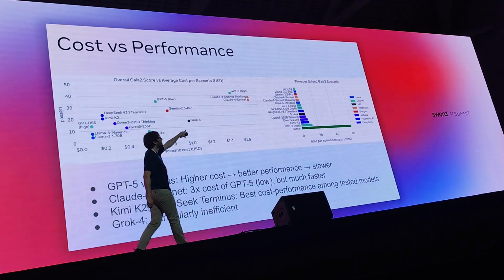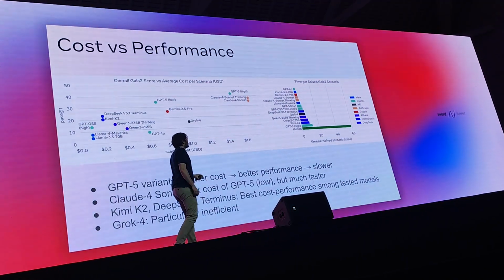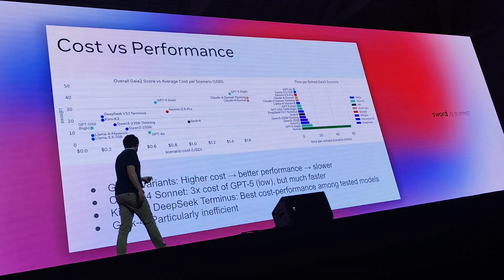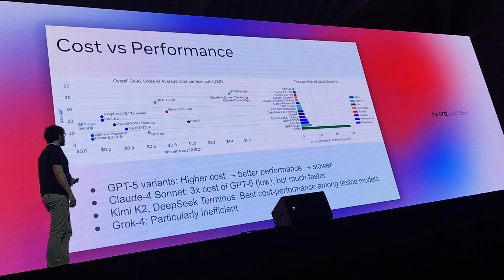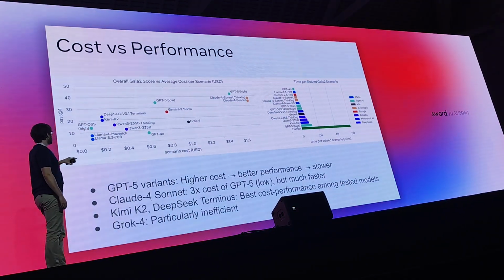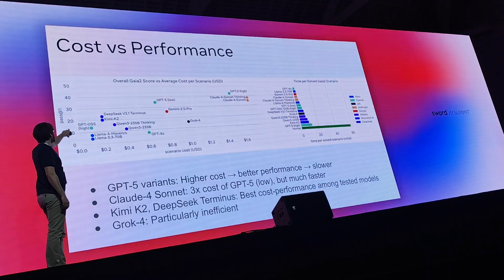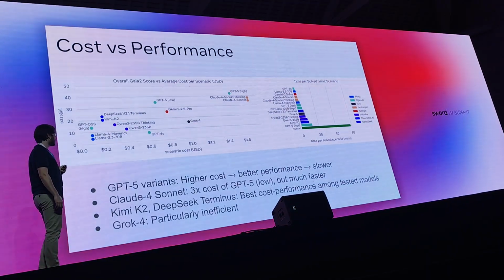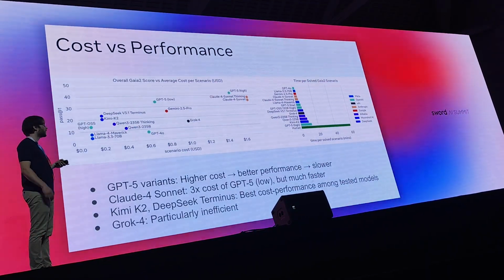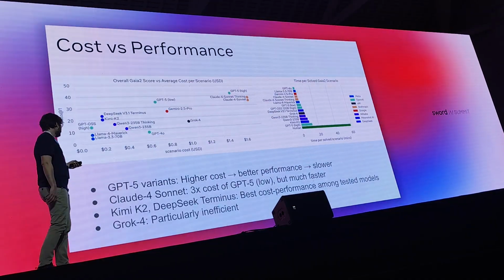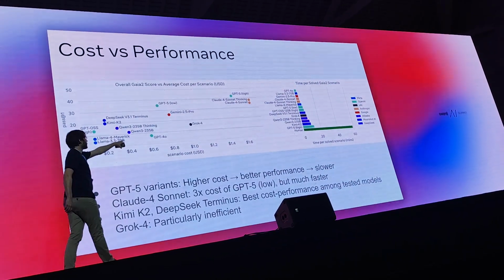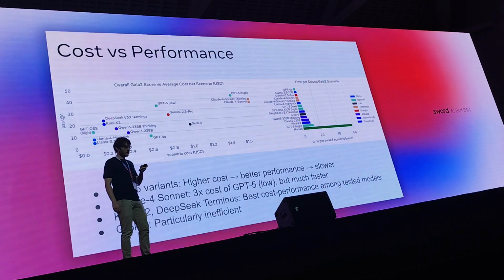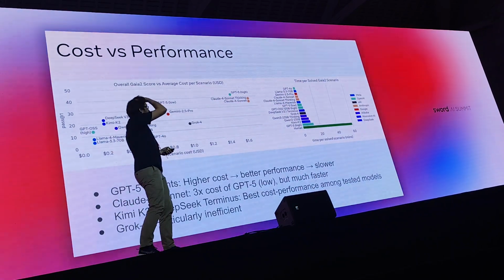The price is still very high, even if the model is much faster. And in terms of open source models, DeepSeek Terminus and Kimi K2 are maybe very good choices, at least for this benchmark. And again, we see Grok 4 is maybe not a very good choice.